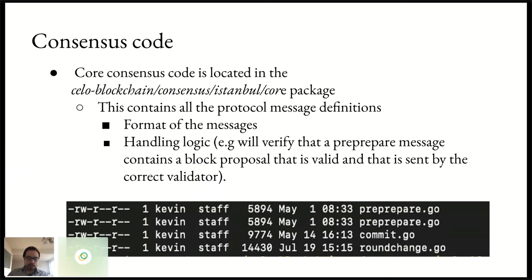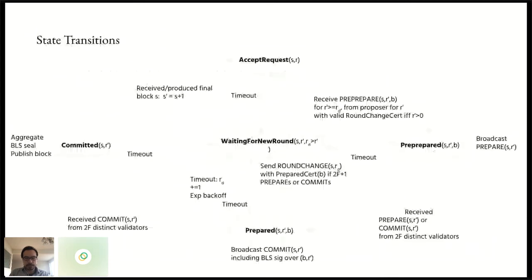And more importantly, it also contains the handling logic for when it receives that specific type of message. In general, this handling logic verifies the message, and then, going back to the state transition diagram, if certain events or criteria have been met, it would transition the validator to a new state.